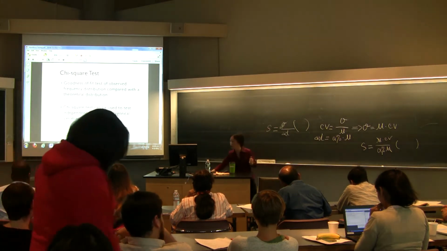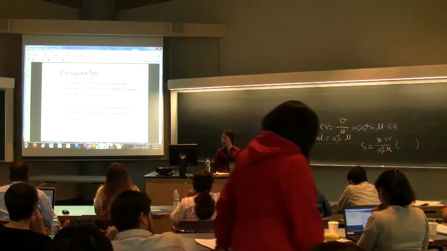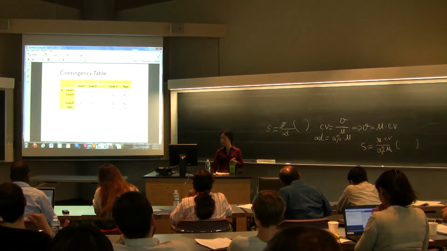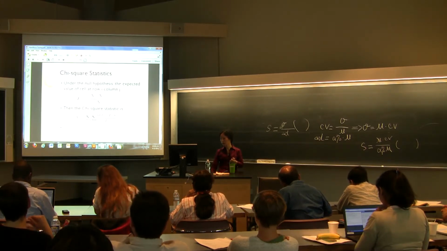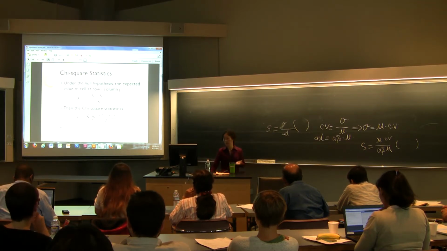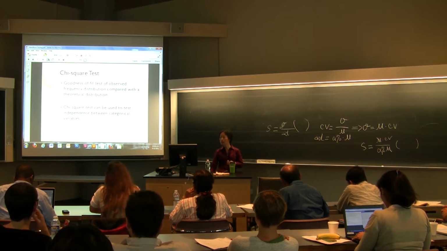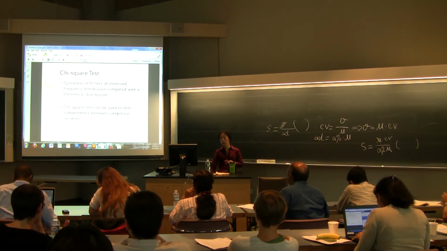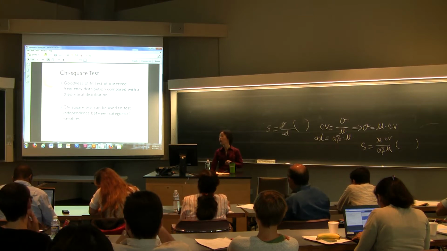Then we can use a formula to get the chi-square statistic, and decide whether the data is from a Poisson distribution or not. This is one functionality of the chi-square test. Another is that we can use it to test independence between categorical variables.